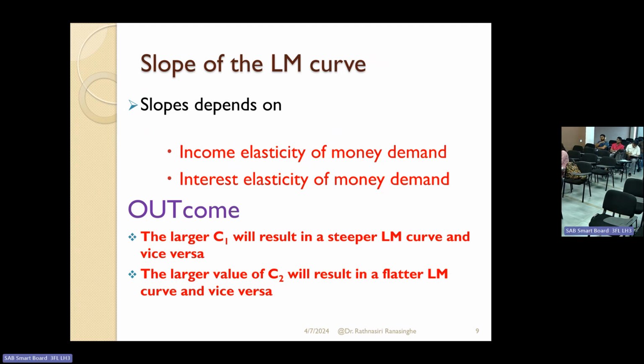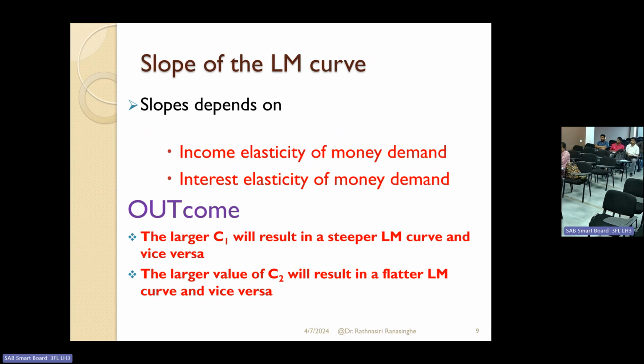Here this one is stable, so there is no impact, but basically the impact comes from the money demand. In explaining the behavior of the LM curve, money demand is the most influential factor, right?